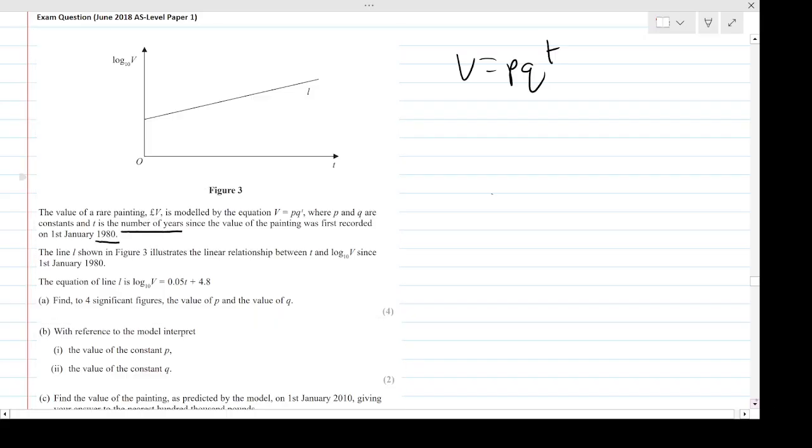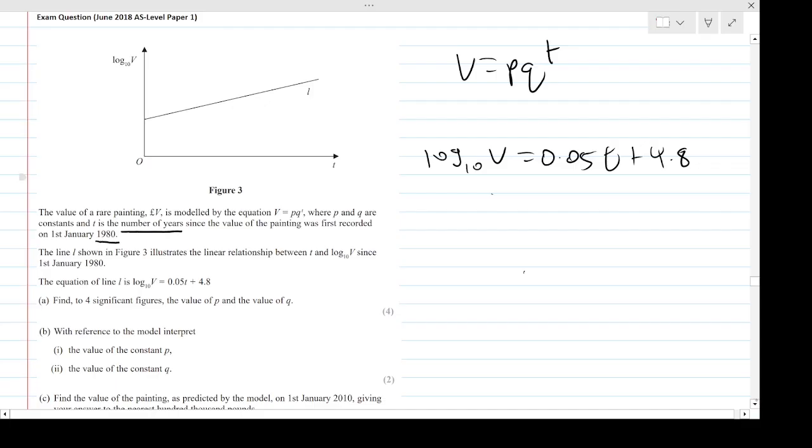And we're given the line L, and we're also told quite nicely the equation of the line is log 10V is 0.05T add 4.8. So we're given quite generously the equation of the line as well.